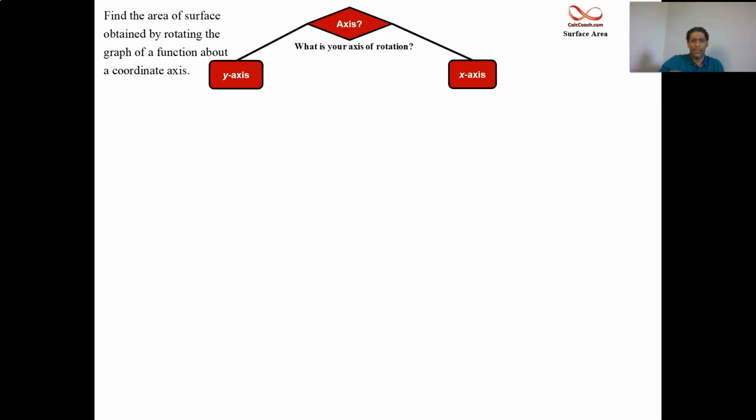And when you have the y-axis as your axis of rotation, then the radius is the distance off the y-axis, and that's called x. When you have the x-axis as your rotation axis, like we had in the derivation, then the distance off the x-axis is y, and that's going to be your radius.